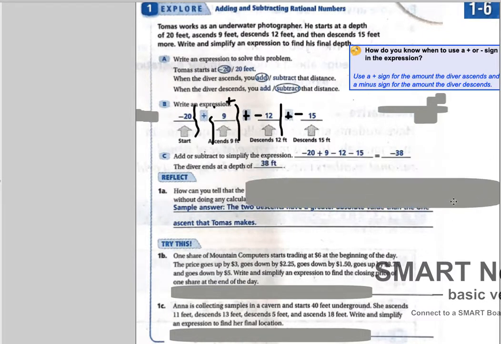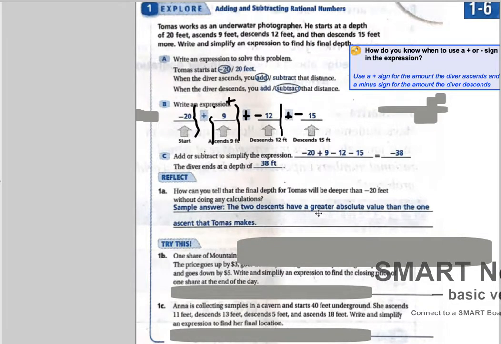So here's a sample answer. The two descents have greater absolute value than the one ascent that he makes. So this -12 and this -15 both exceed the absolute value. So he's going farther down than he's going up, right? It's important that we understand that mentally, like, oh, when we do this math, this is going to be a negative.